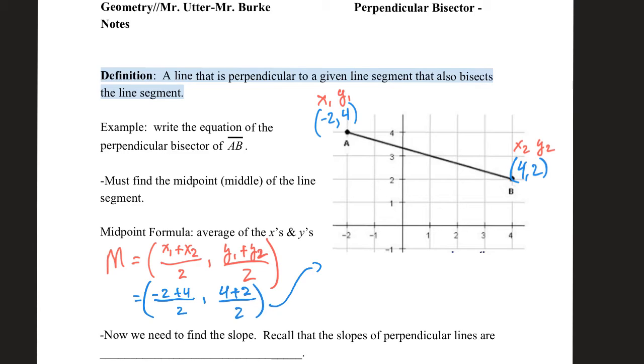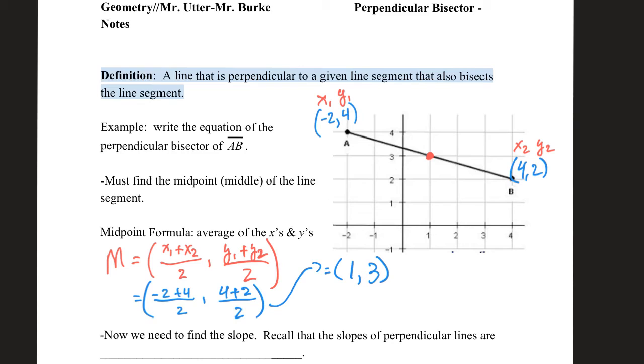Negative 2 plus 4 is positive 2. Divided by 2 is 1. And 4 plus 2 is 6. Divided by 2 is 3. So my halfway point should be 1 comma 3. Should be at 1 comma 3. 1, 1, 2, 3. Oh, there it is.